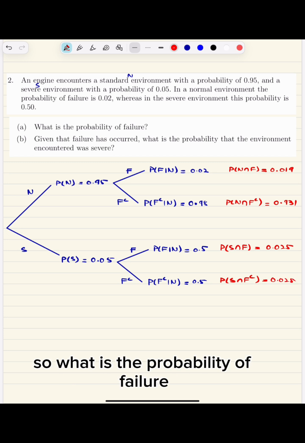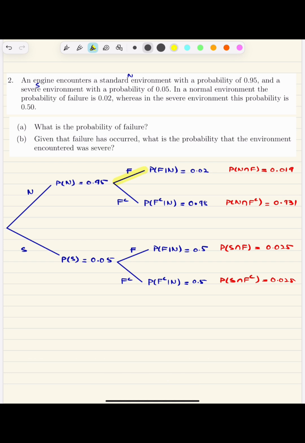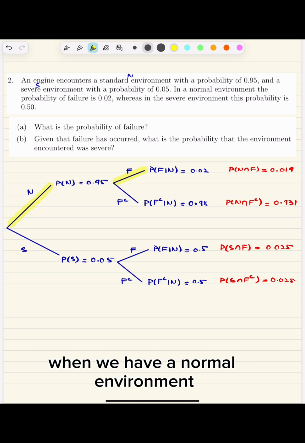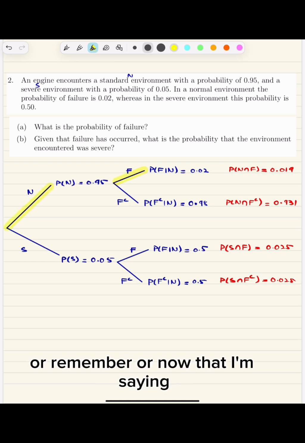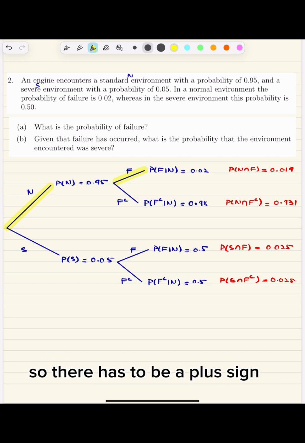Okay, so what is the probability of failure? We can see that the machine will either fail when we have a normal environment, or it can fail when we have a severe environment. Now that I'm saying "or", it means there are two possibilities, so there has to be a plus sign.